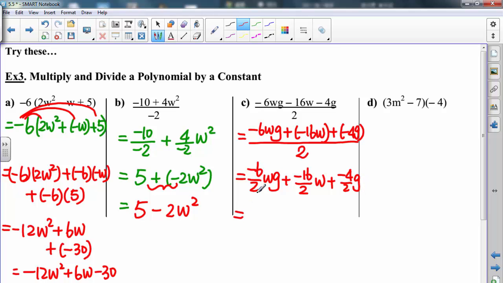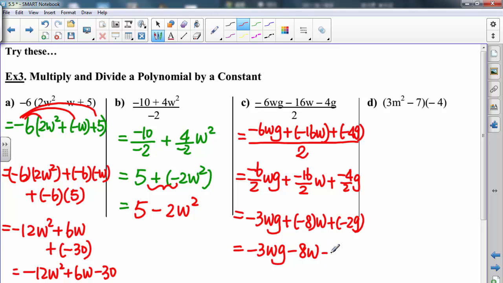Negative 6 divided by 2 is negative 3, keep the variables wg. Negative 16 divided by 2 is negative 8, keep the variable w. Negative 4 divided by 2 is negative 2, keep the variable g. So the final answer is negative 3wg, positive negative becomes minus 8w, positive negative becomes minus 2g.